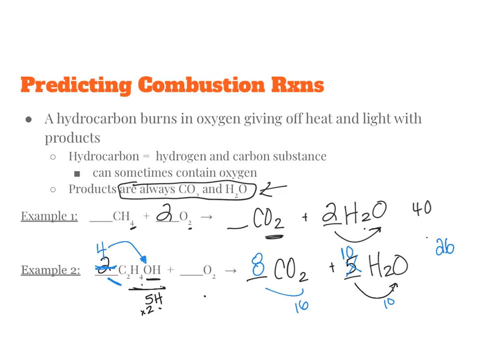So what I'm going to do, I'm going to account for those 4 and take it away so that I'm left with 22 oxygens that I have to balance right here. So in order to get 22 oxygens, I would have to multiply this O2 by 11. All right, if you multiply all this stuff up, it should be balanced at this point.